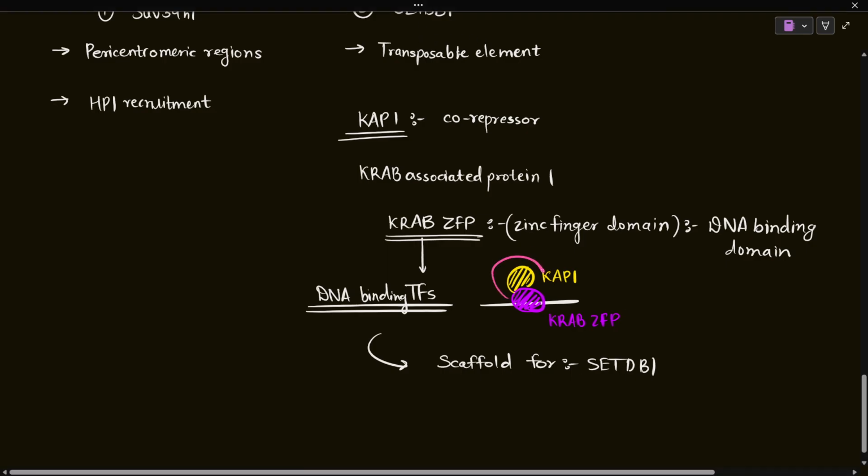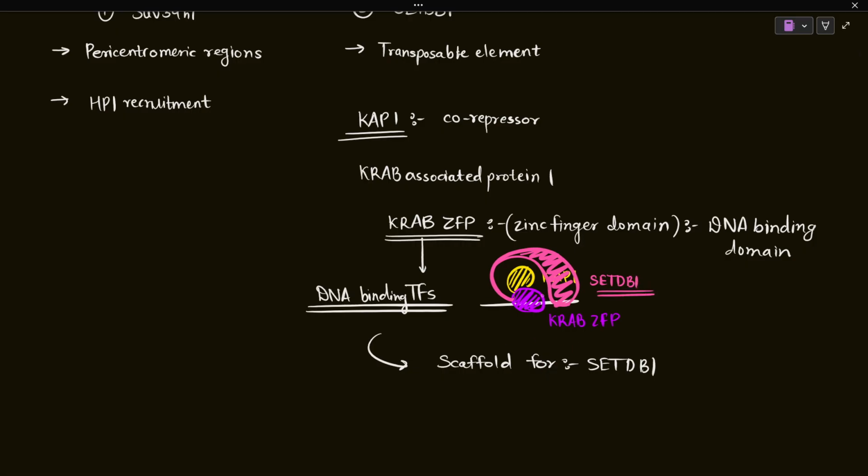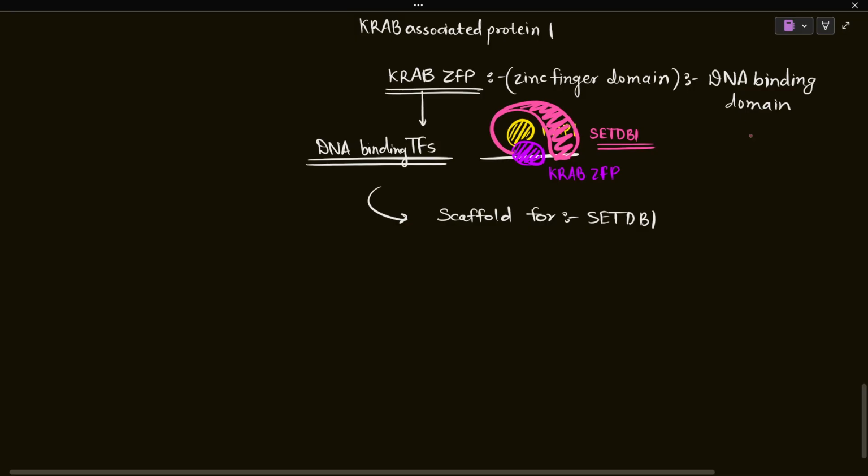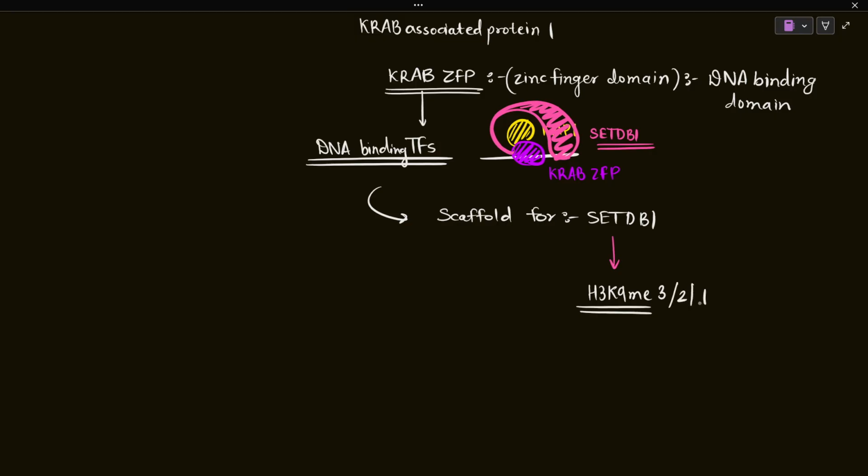So this enzyme, SETDB1, binds to this scaffold, and the binding of SETDB1 results in the methylation of H3 at the ninth lysine residue. So this results in H3K9 methylation. It can result in either a trimethylation, dimethylation, or monomethylation.